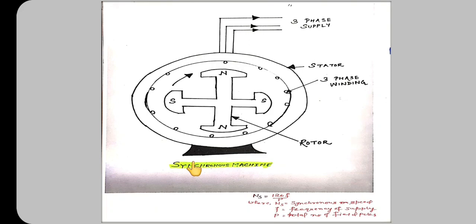The load circuit can be connected directly with the fixed terminals of the armature slot without passing through slip rings or brushes, as the armature is stationary.